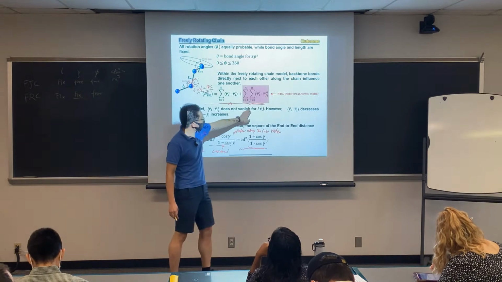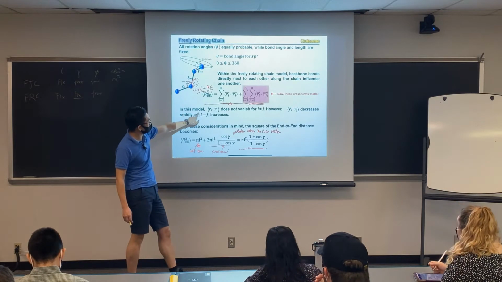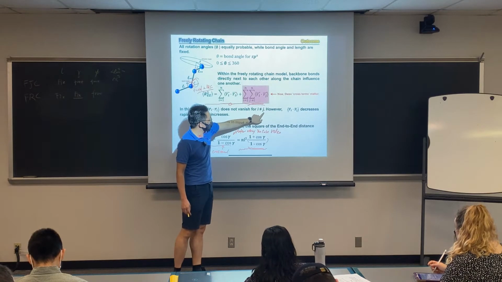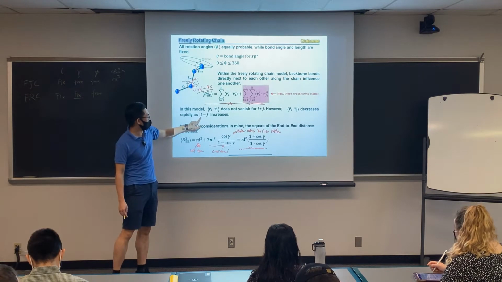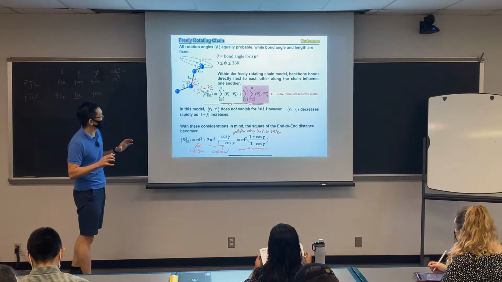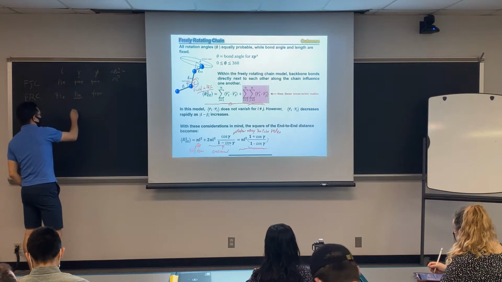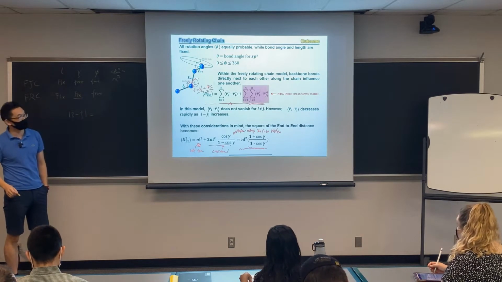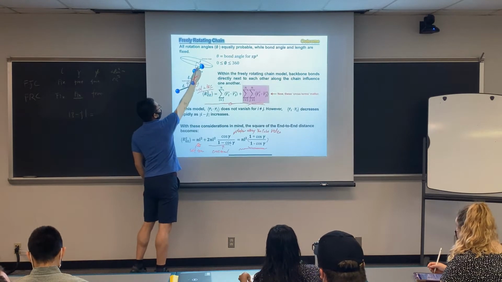But there's one thing quite clear. In the free rotation chain model, Ri dot Rj doesn't vanish for i not equal to j, but it decreases rapidly as the absolute value of i minus j increases. What does that mean? Let's talk in physical terms. The absolute value of i minus j tells you: I have a bond i, the next ones are i plus 1 and i plus 2.